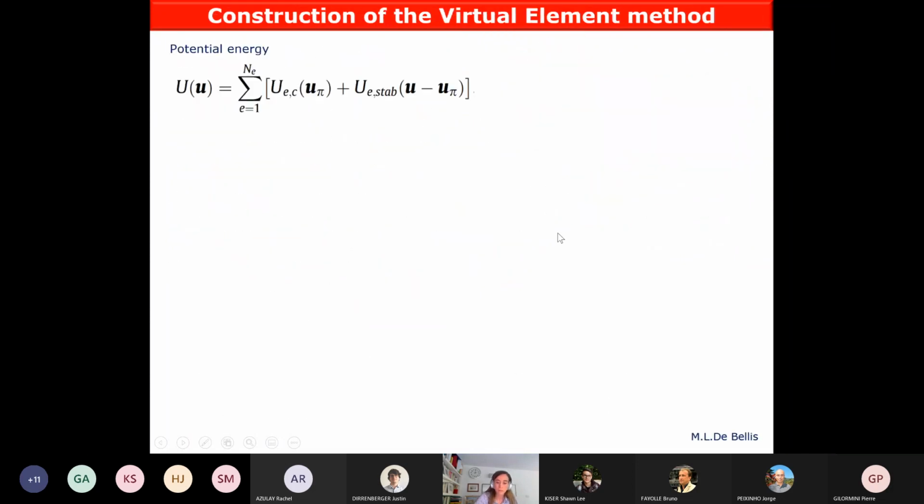At this point, we can rewrite the potential energy by using the displacement split, by considering separately the projection and the remainder. And here there is the expression where we already exploited the summing up over all the element contributions.